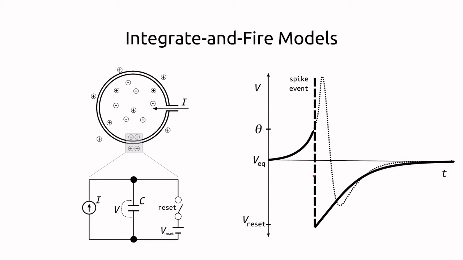But this model instead resets the membrane potential back to the reset voltage. The spike event has occurred, and then the voltage starts charging up again as more input comes in, until it once again reaches the threshold and spikes.